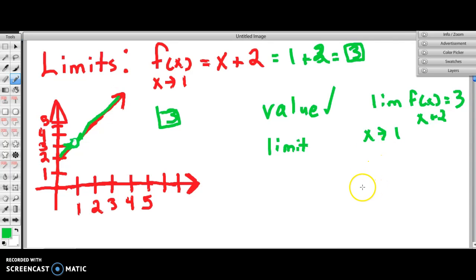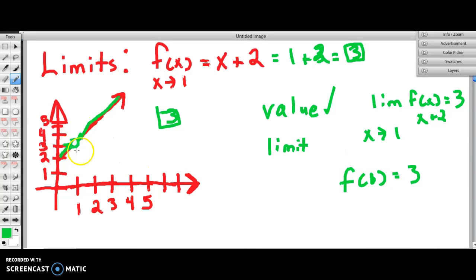Now, this is not the value. Some may want to plug 1 inside of there, and you will get 3, but that's not always the case.